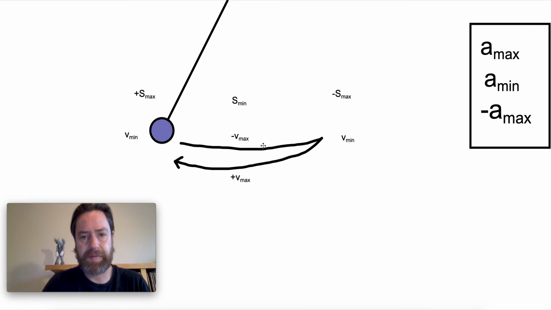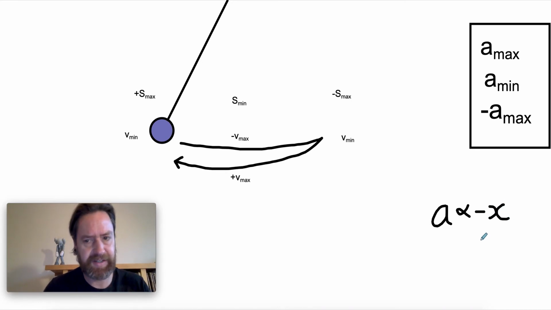Now, I think you can do it intuitively just by looking at what's happening, but it does help sometimes to go back to the expression A is proportional to minus x.